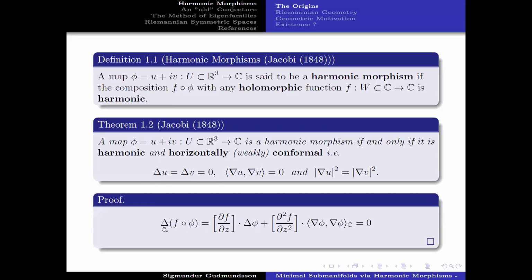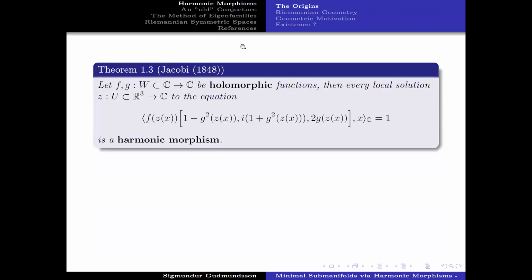You just take the Laplacian of the composition, and then you see if this is zero for all holomorphic functions f, it means that this has to be zero, and this has to be zero here. This is the bicomplex linear scalar product.